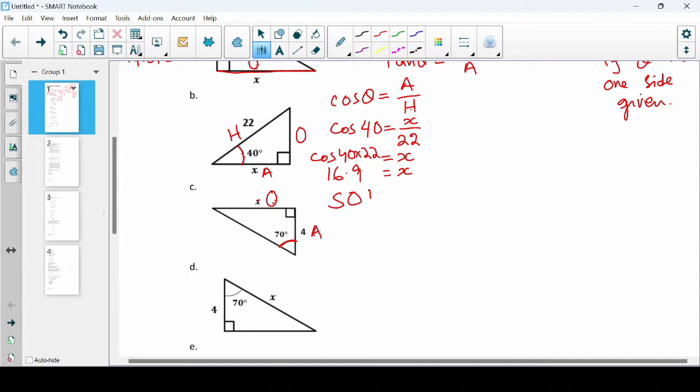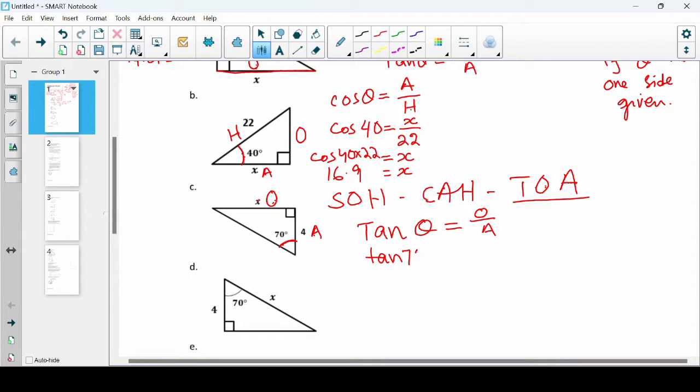So our formula is SOH CAH TOA. Always remember this catchword. So opposite and adjacent are used in this formula.